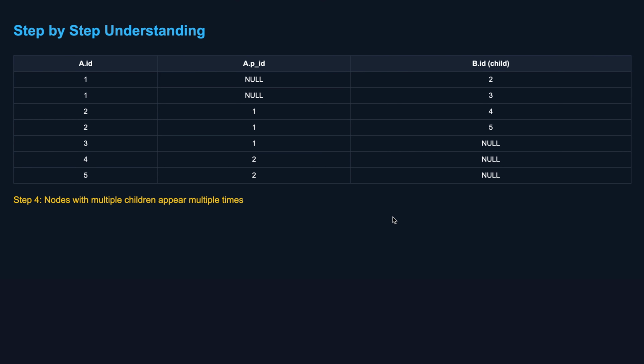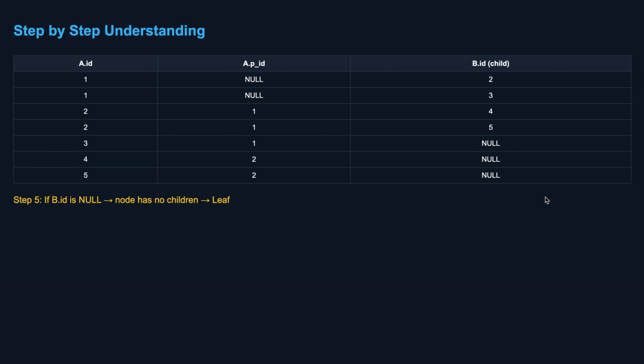For example, node 1 appears twice because it has 2 and 3 as children, and node 2 also appears twice because it has children 4 and 5. If a node has no children, b.id will become null because of the left join. So for example, nodes 3, 4 and 5 do not have children, so their b.id values are null.